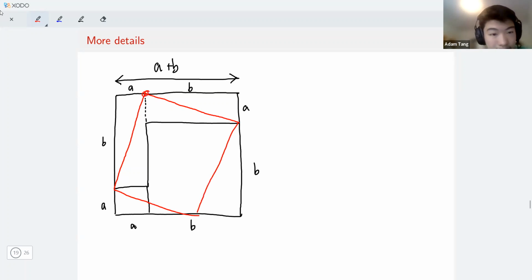It's going to pass through this point and this point. And this point is going to be on the bottom side so that this is A and this is B. So pretty much reflected across this point. All right. So we can confirm that the area of this square is A squared plus B squared, but that's not actually relevant. We just want to find the construction.